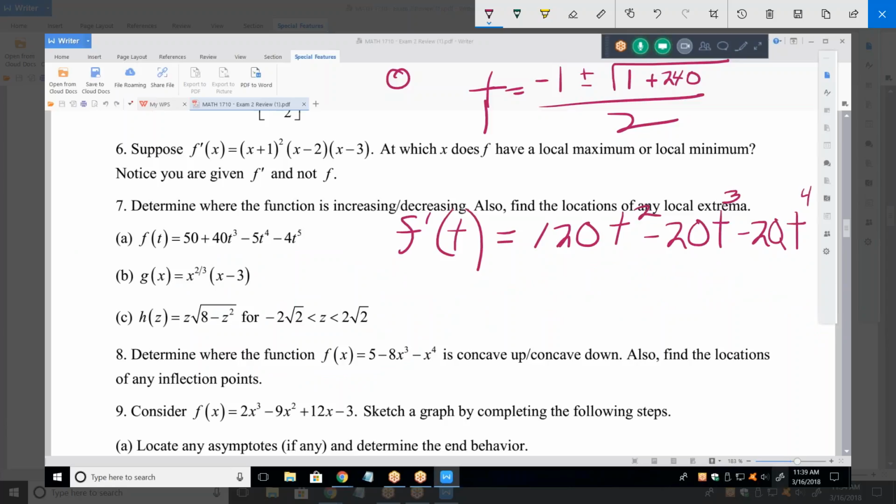Let's see, I factored, let's factor out a -20t squared. That makes it a little easier because then you end up with t squared plus t minus 6. It's not minus 60, it's minus 6, which is factorable.